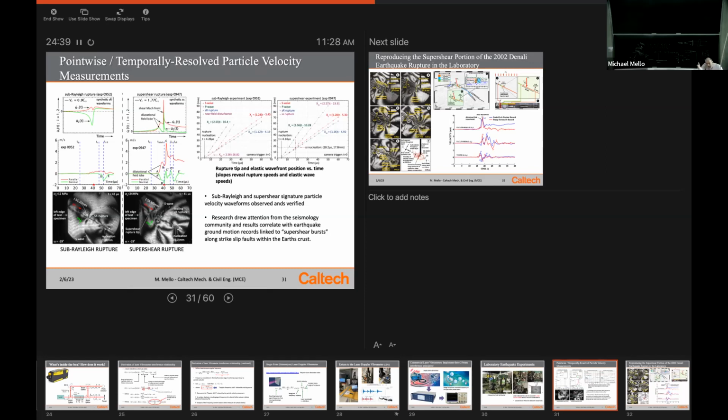A few millionths of a second later, you get another image, and another. And if you look carefully, I'm not sure if the tape is visible. There's the corner of the tape right here, the tape I was talking about a few minutes ago. In this experiment, this S wave had not even reached the tape yet. And here are the fault parallel and fault normal laser vibrometers.